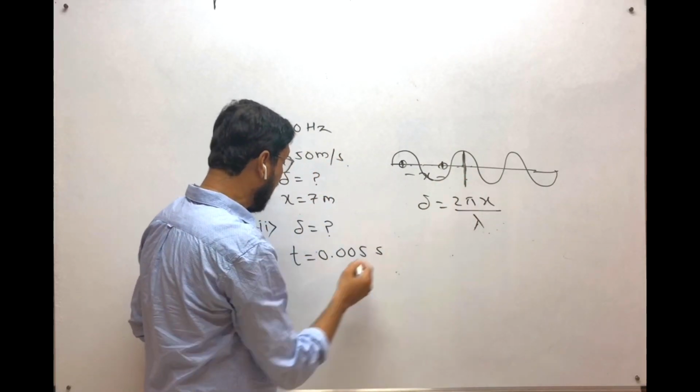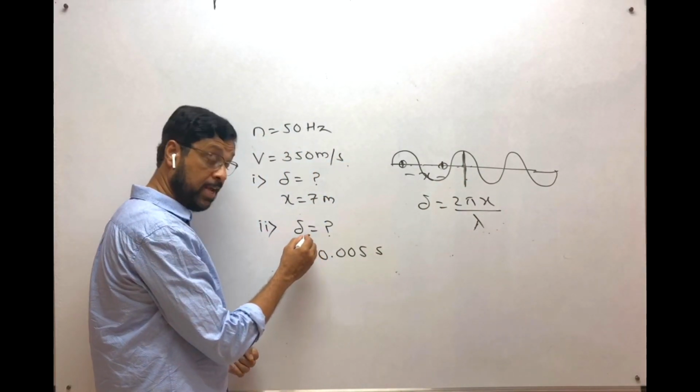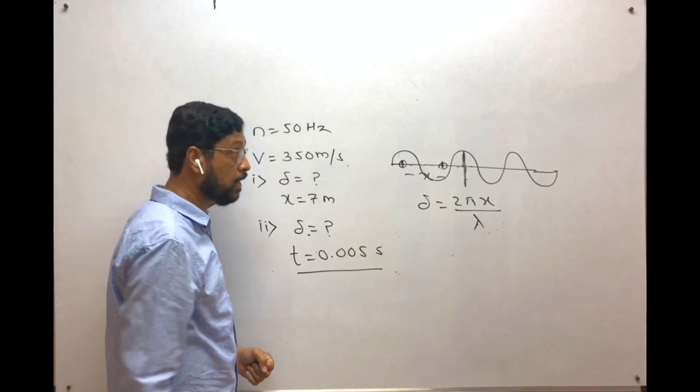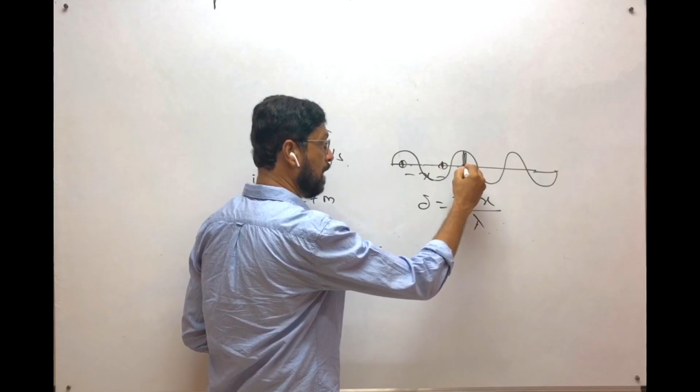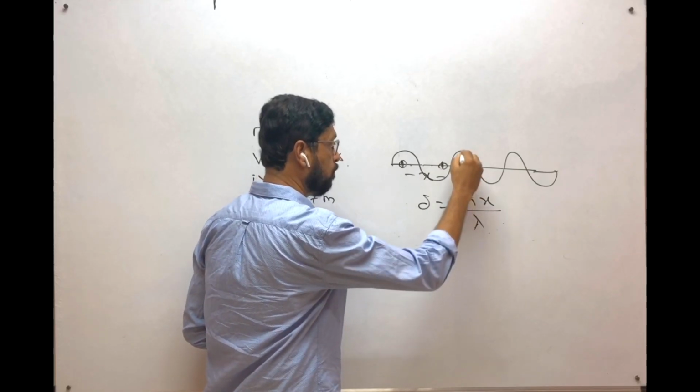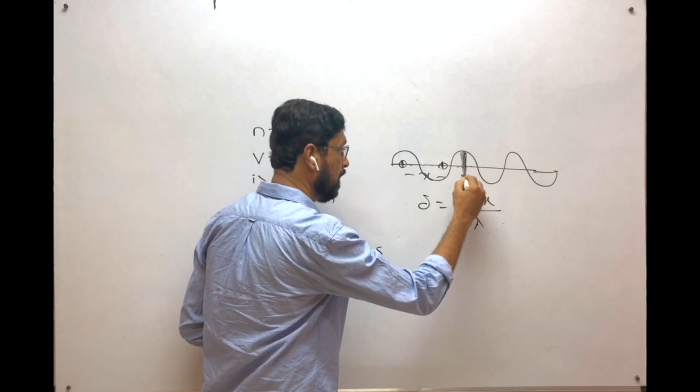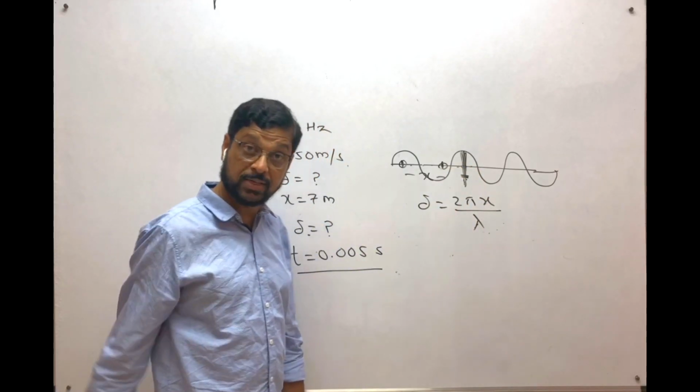So you are asked to find out the change in phase in a time interval of 0.005 second. मतलब जब आपने देखा तो यहाँ पर था, 0.005 सेकंड के बाद में सपोज वो यहाँ पर था, तो इन दोनों में phase difference कितना है?